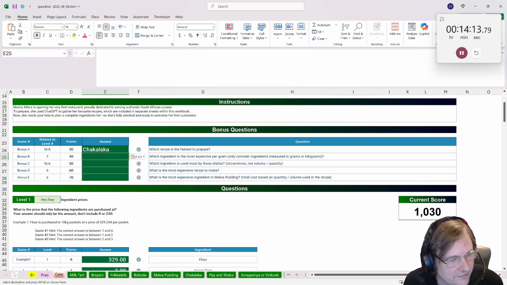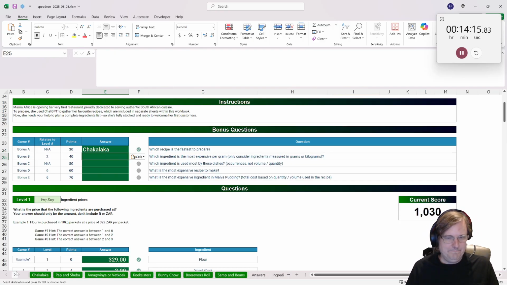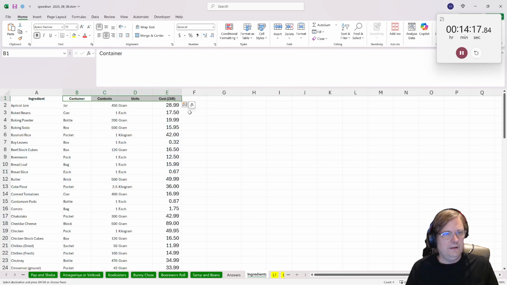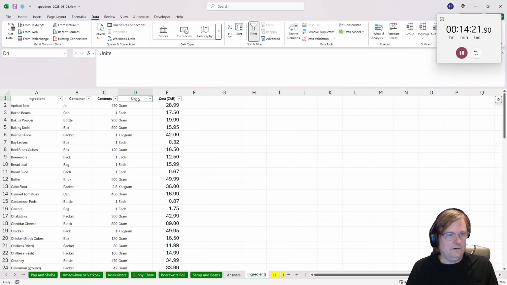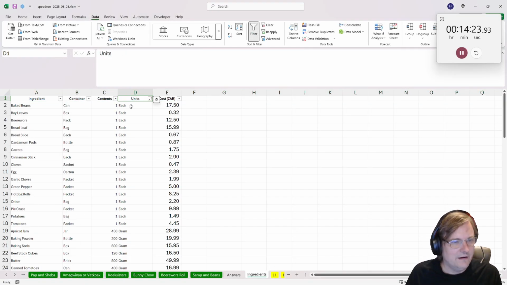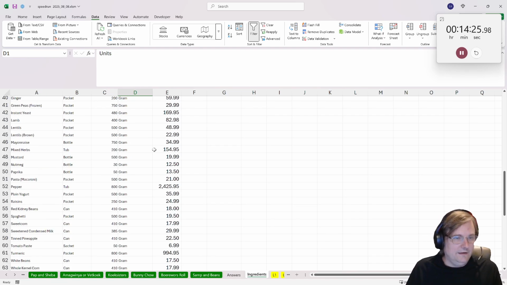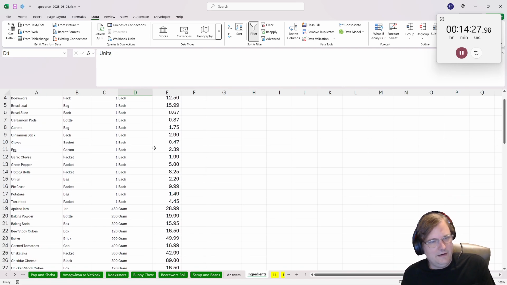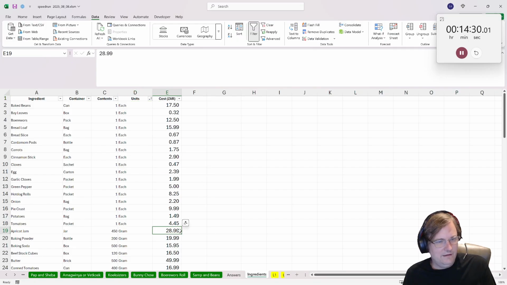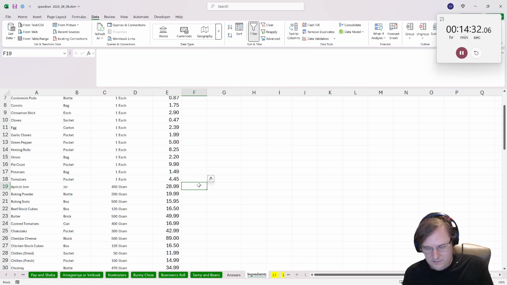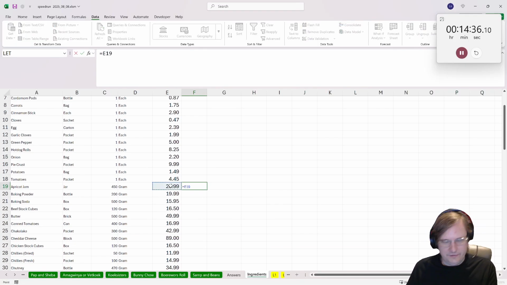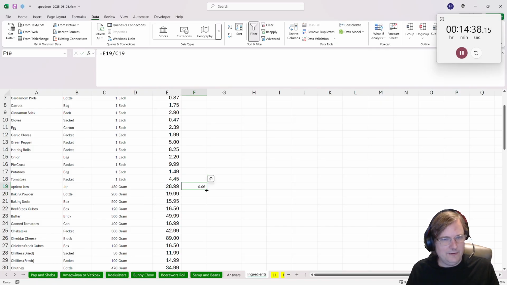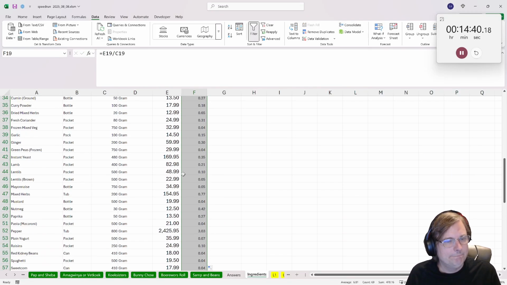All right, most expensive per gram. The ingredients are all either by gram or kilogram, unless they're liter or milliliter, but they're all grams and kilograms. So this is the amount per gram. So this divided by how many grams you get is the cost per gram.